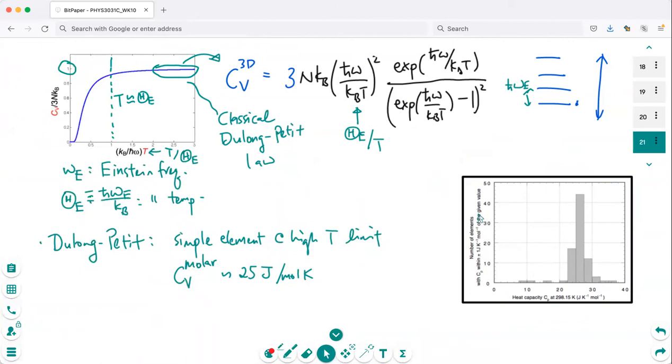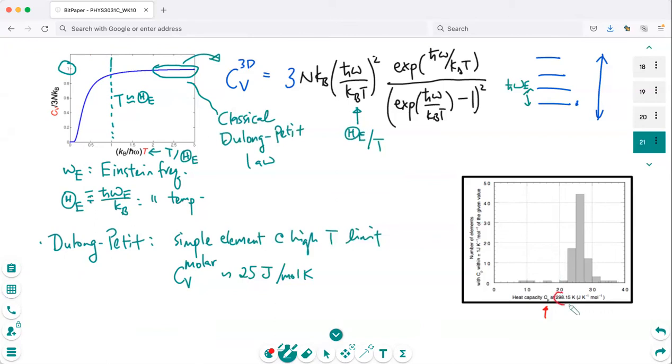For those simple elements in the periodic table, you can find in the data book the heat capacity at room temperature. This is most likely a chemistry book, and this is CP, but that doesn't matter too much. Take it as the heat capacity that has been measured, but these are solids anyway, so the difference between CV and CP is not important.